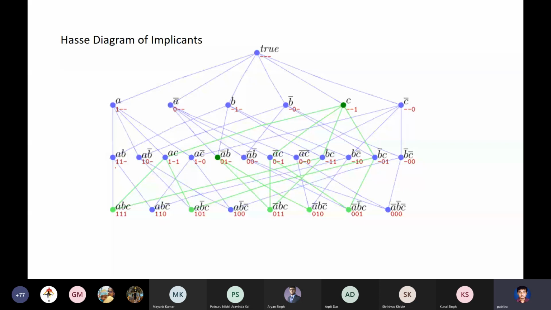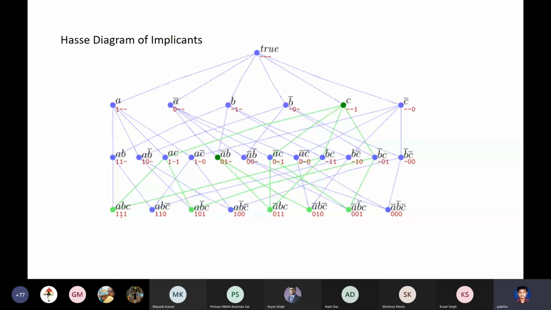So let us look at this implicant. Suppose I consider three variable functions; these are all the minterms that I can have. ABC bar, if I write it in binary terms, I can write it as 1, 1, 0. Now let's see what the join operation is.